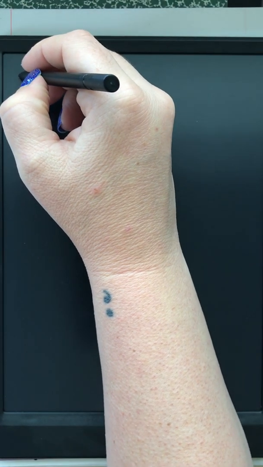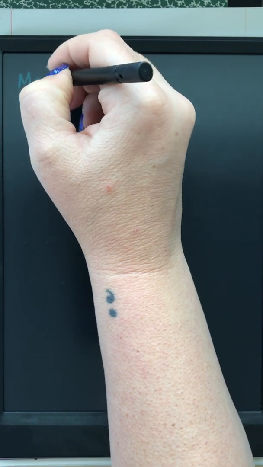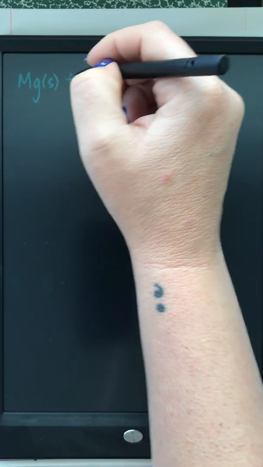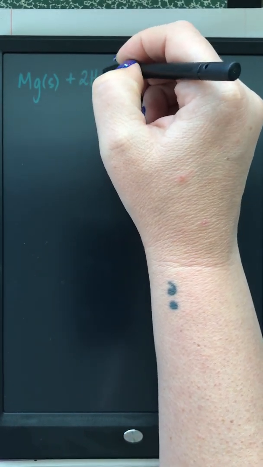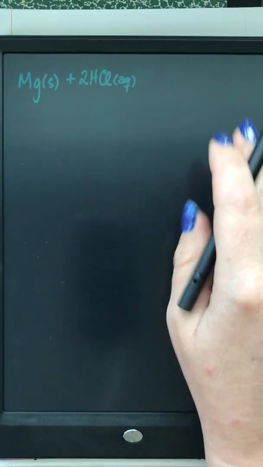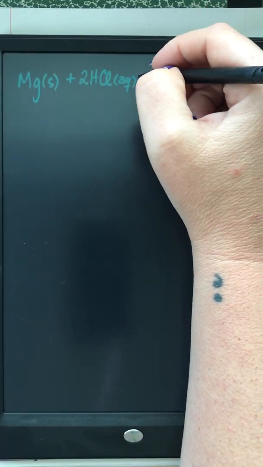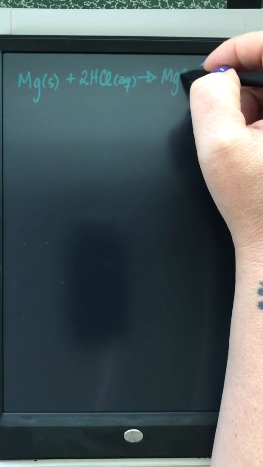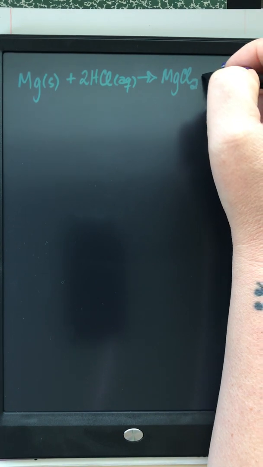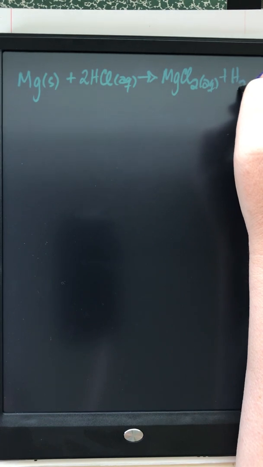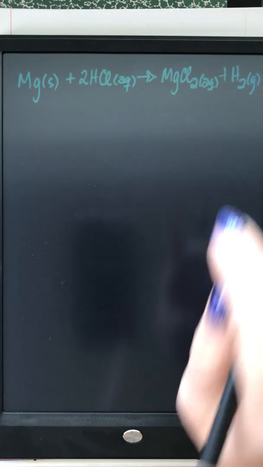So let's say I have magnesium solid reacting with hydrochloric acid to form magnesium chloride and hydrogen gas.